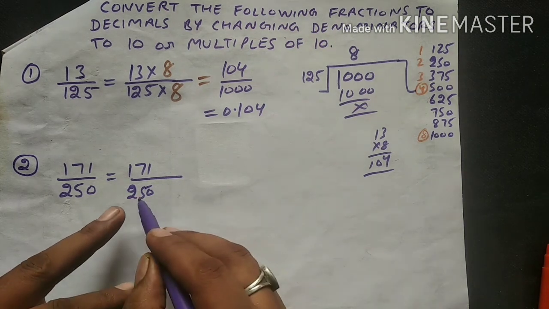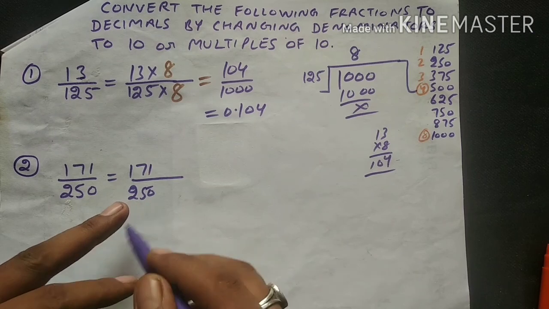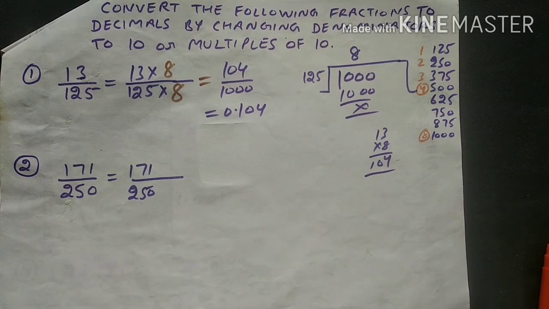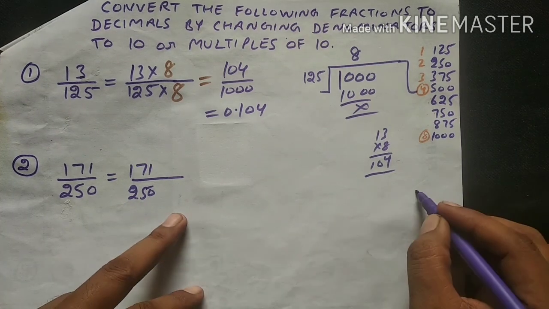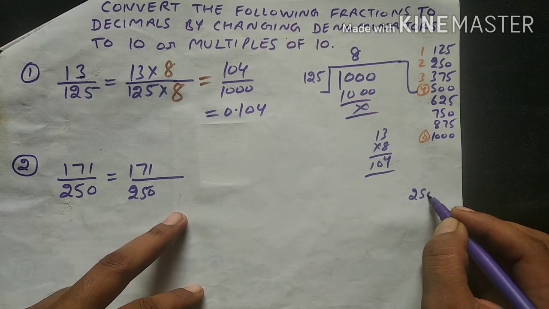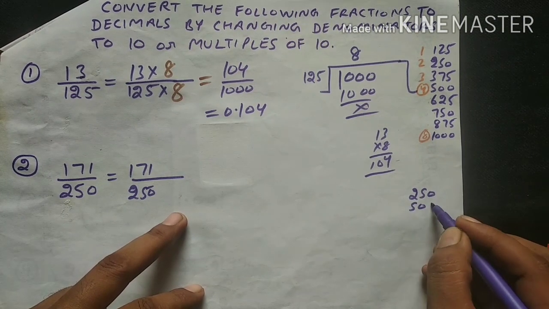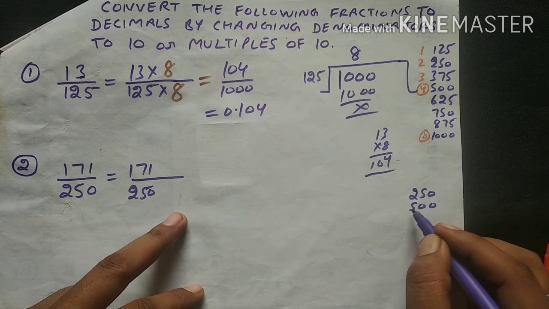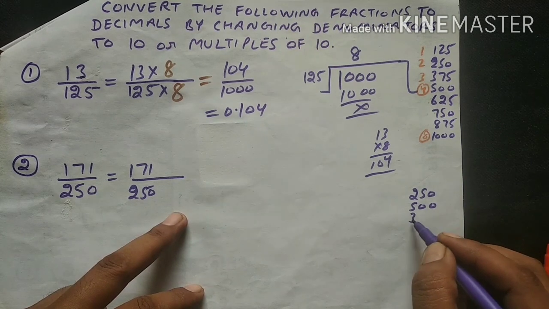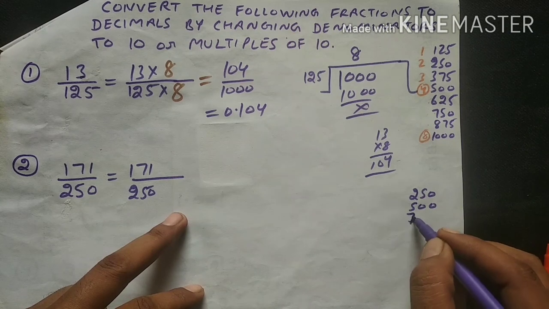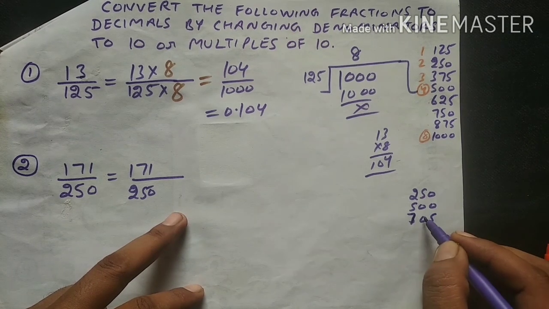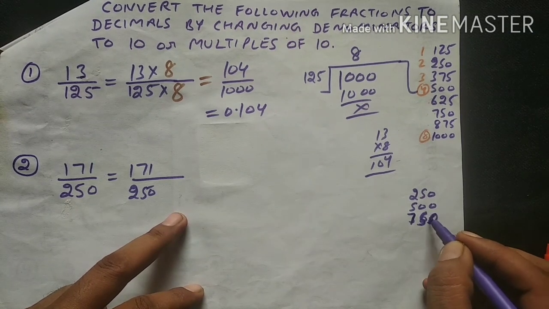Now on the next question, I have to make 250 into 1000. Now you count the table of 250, that is 250, then 500, then 750.